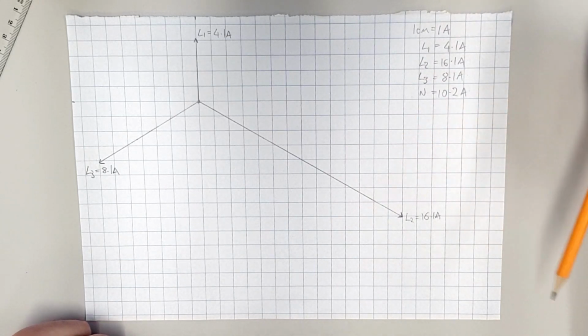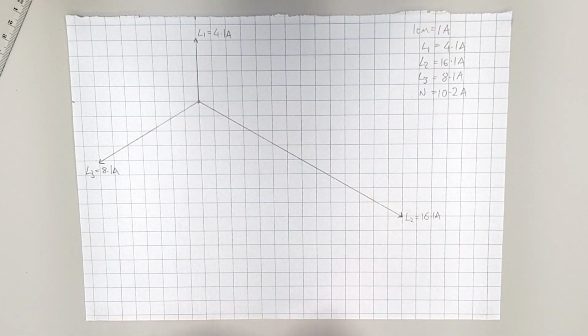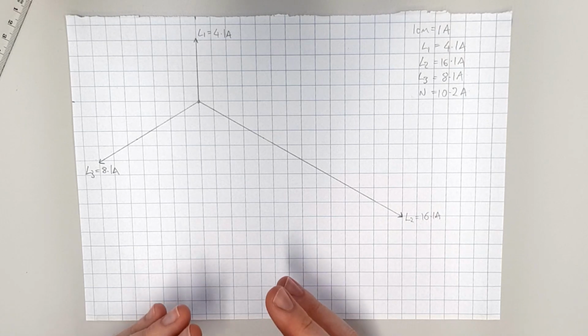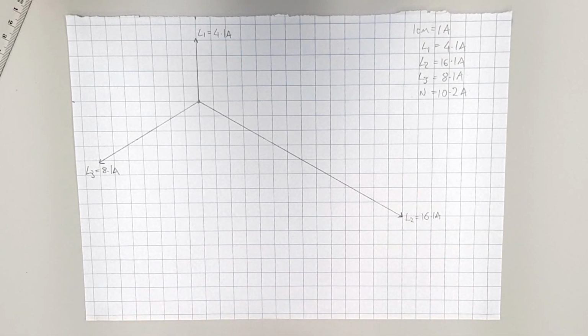So we need to do something now, and we need to break our currents into their vertical and horizontal components. Now, that might sound a little bit baffling at first, but what I'm going to do next will hopefully help us to understand this a little bit better.